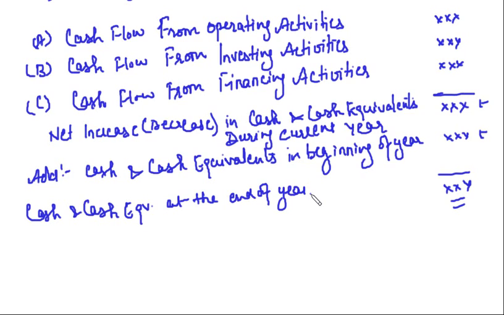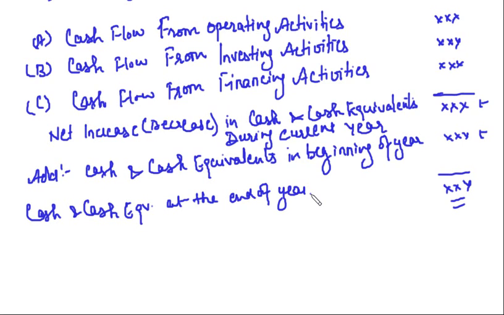The net increase or decrease in cash and cash equivalents during the current year, we will get that, and in that we will add back cash and cash equivalents in the beginning of the year. And what we will get is finally the cash and cash equivalents at the end of the year. Clear?